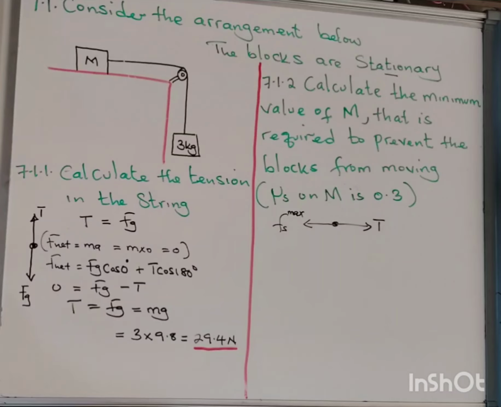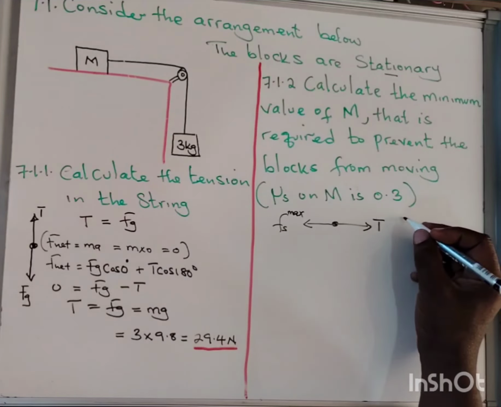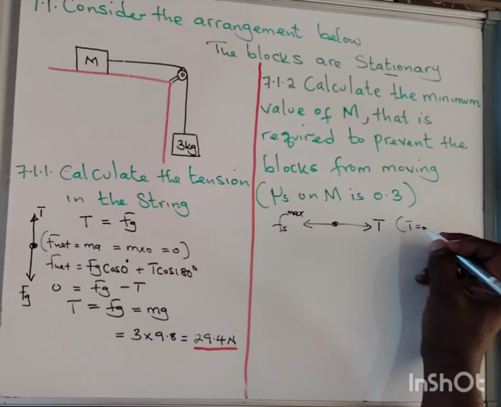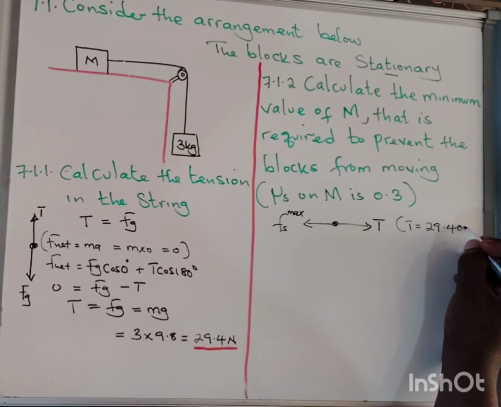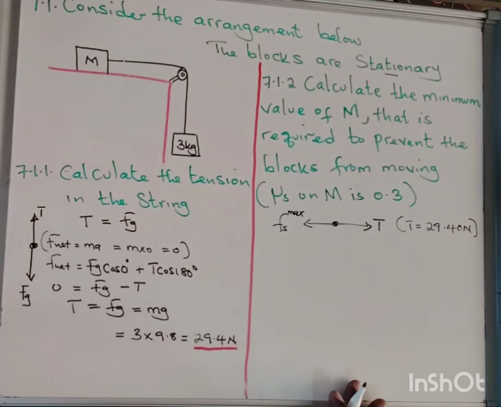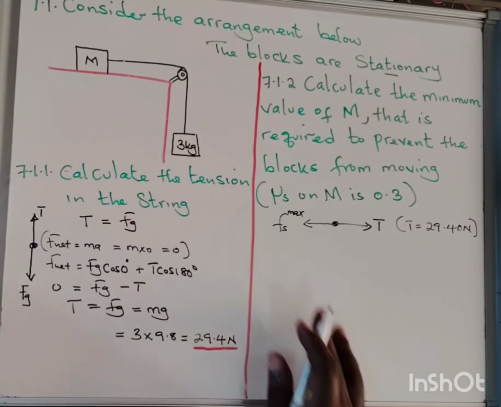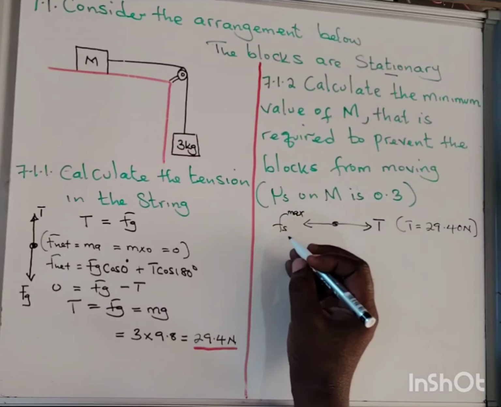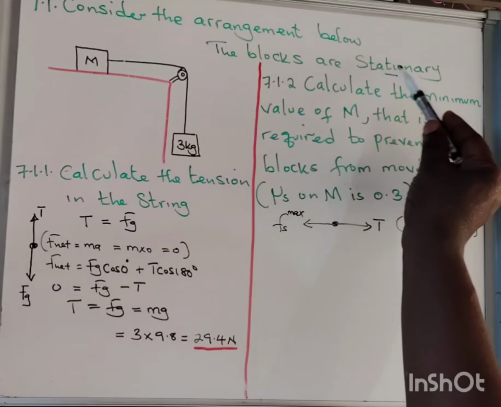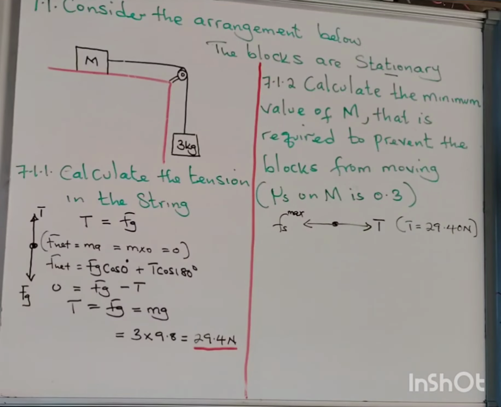So in this aspect, what are we having here? We have to remember that T is known. We got it here. It is 29.4 newtons. And we have also to remember that the body is stationary.